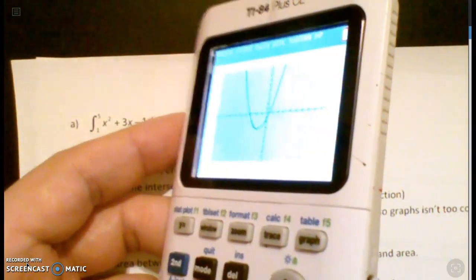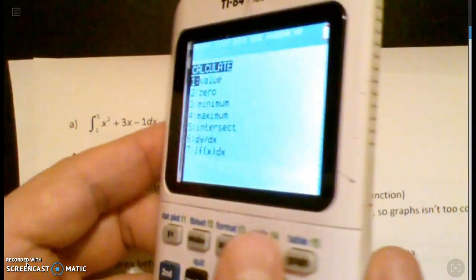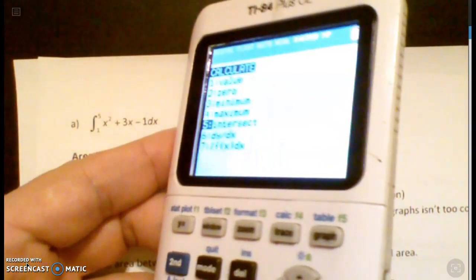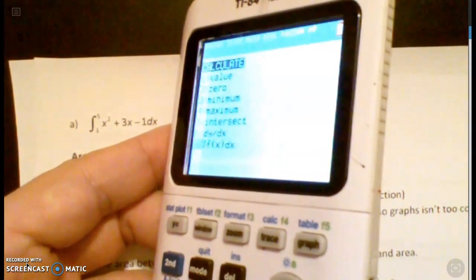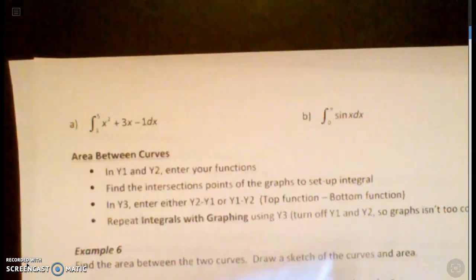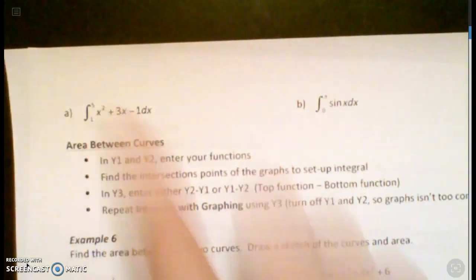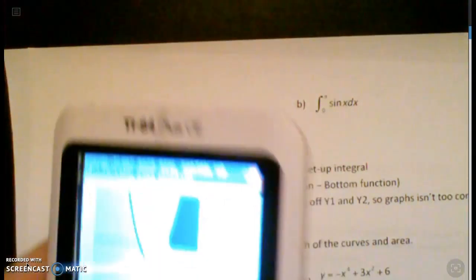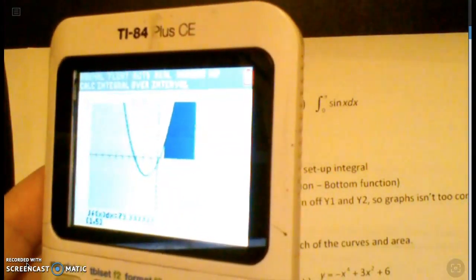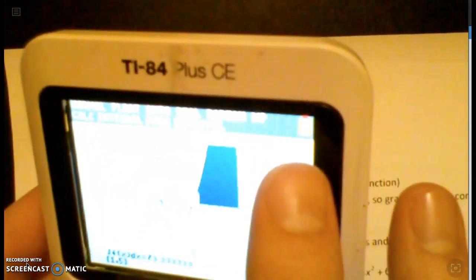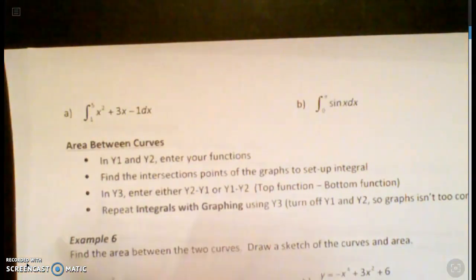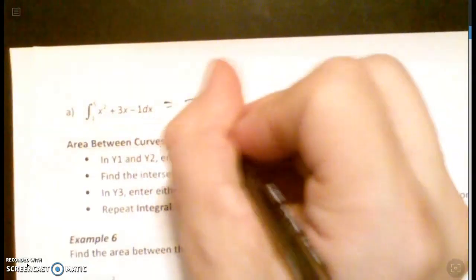And then I can find its integral by going second calc, and you can see way down here at the bottom is your integral. And you just got to type in your lower limit and upper limit. So I hit 1, enter, and then 5, enter. And it shades the area under the curve, and it tells you the answer. It's 73.3 repeating, which is the same answer we got before.